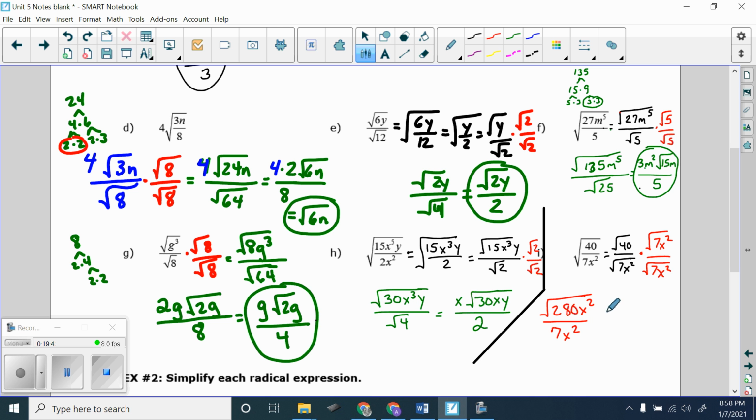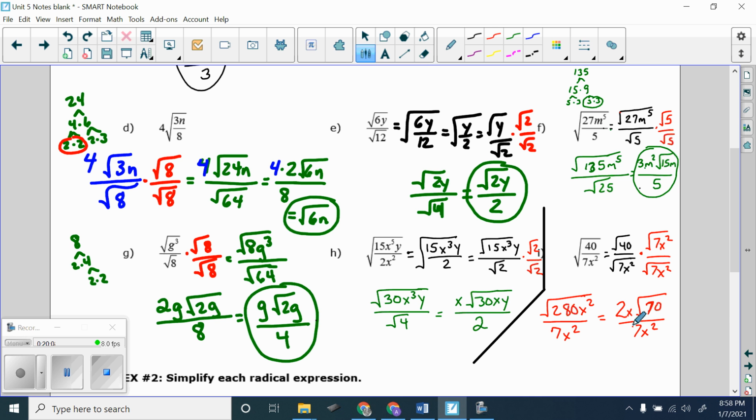And when you simplify the 280, you get 2 on the outside. And x squared comes out as an x. Underneath the square root, when you simplify this 280, you would have had a 2, a 5, and a 7. So you can put those all together as 70. And the bottom is still 7x squared.